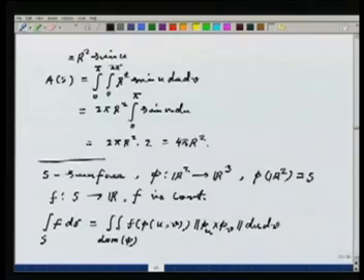This is what I mean by the integral of a function over a surface. So what you do is, given the function f, if the surface has the parametric representation phi, look at the function f composed with phi.